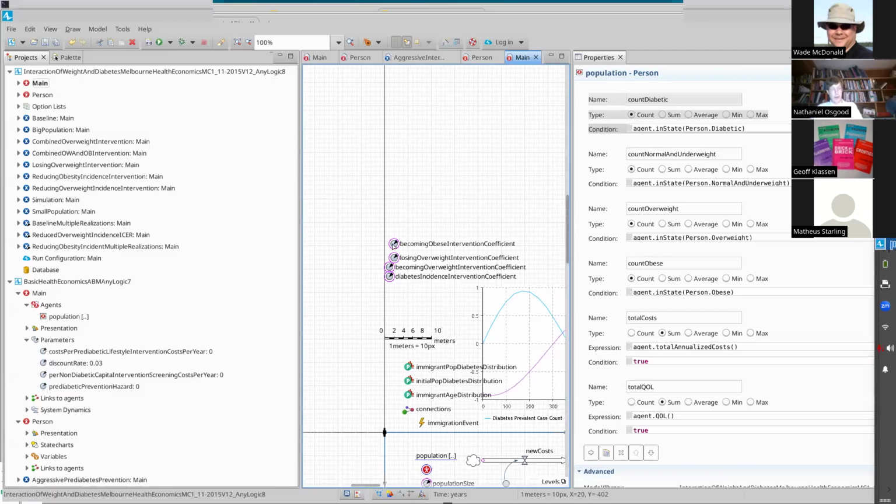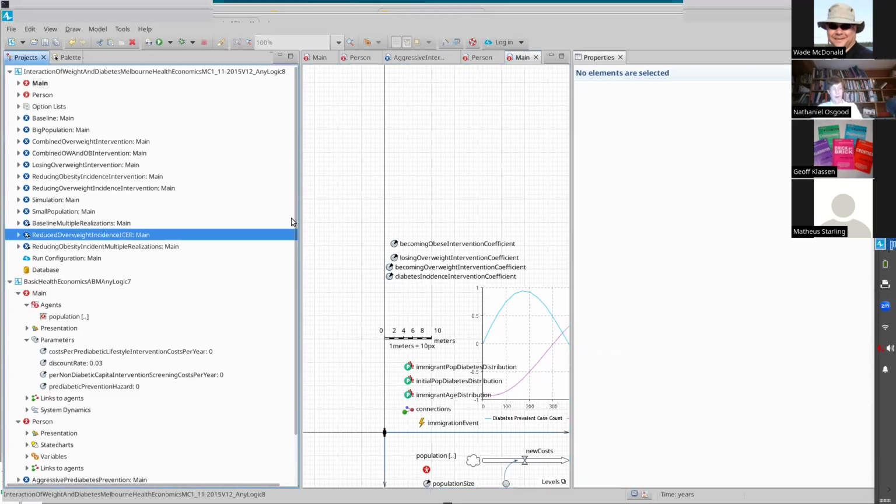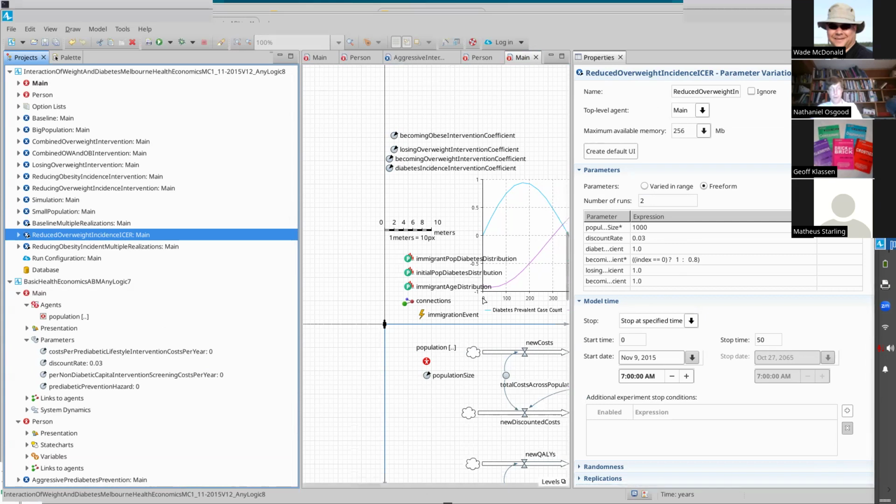And then we have intervention coefficients of various sorts, which we can apply for some of these interventions, but it looks like we're not simulating interventions. Anyway, that's the idea here with this model.